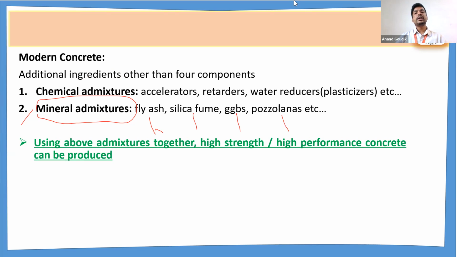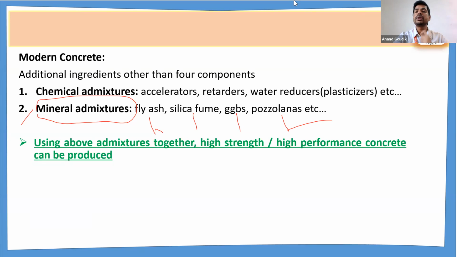Pozzolanas are materials having cementing properties, with silica and calcium in them. These have almost the composition of cement, which is why it is called a mineral admixture. It is a powder-like material, same as cement. You cannot differentiate those. Fly ash is like cement only, and silica fume is also like cement only.